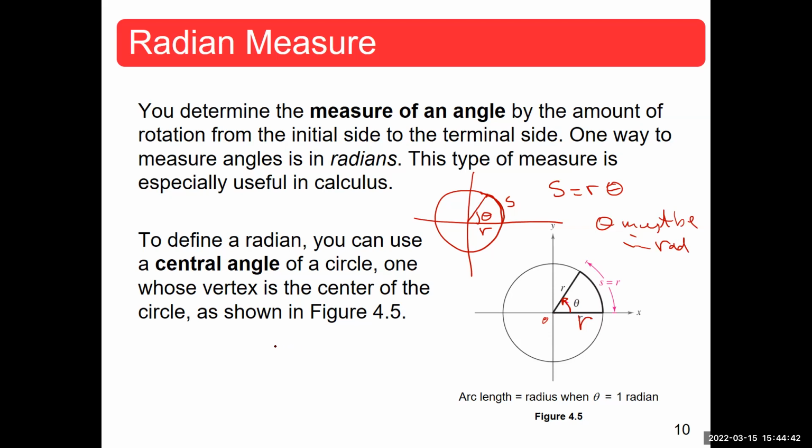Now, if S equals R, then theta equals 1 radian. So that's the definition of a radian: we take an arc that has the same length as R, and that makes the angle equal to 1 radian.